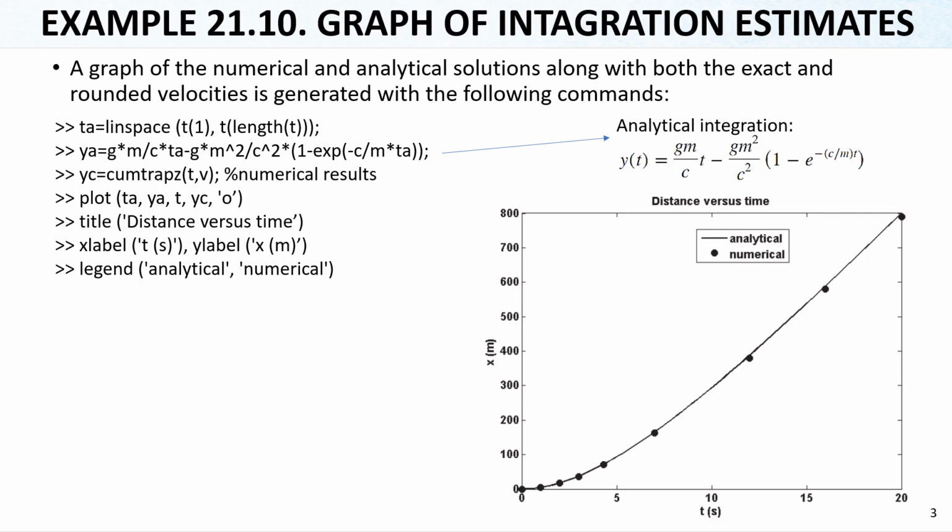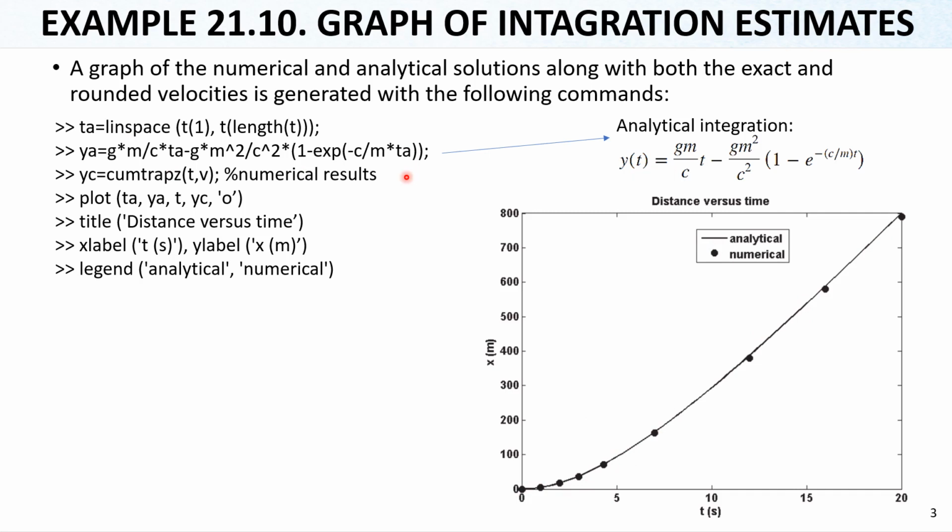For the same example, we can also plot the falling distance values for each segment, or each second. Here you can see the graph. The analytical integration was this when you take the integral of the velocity, and we simply write it here to get the analytical results. These points are the numerical results, and the line is the analytical result.